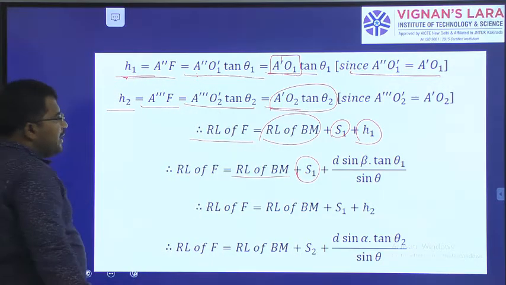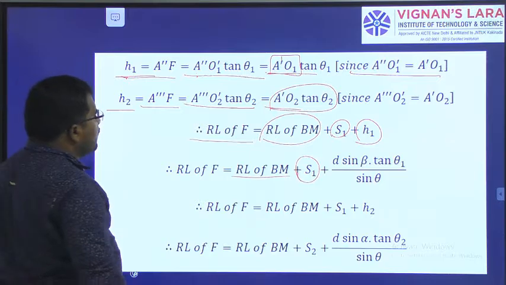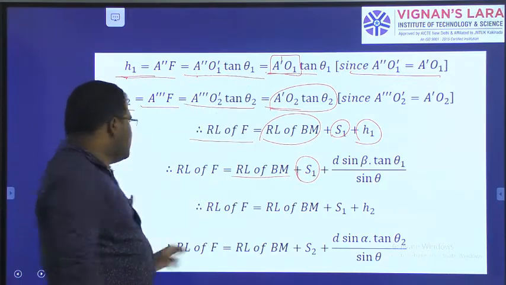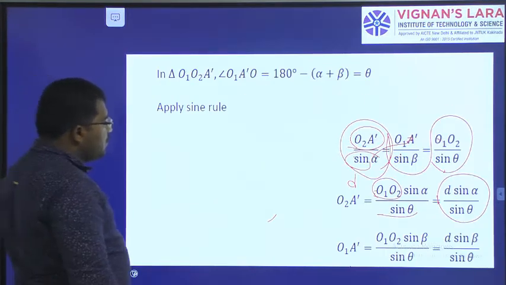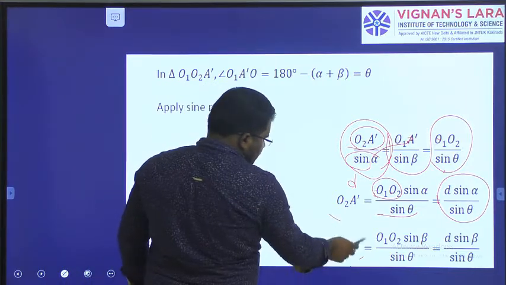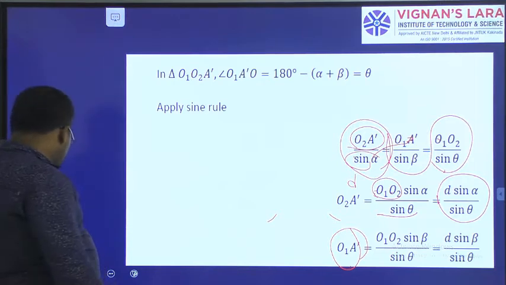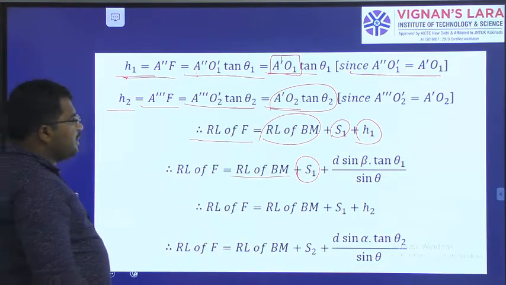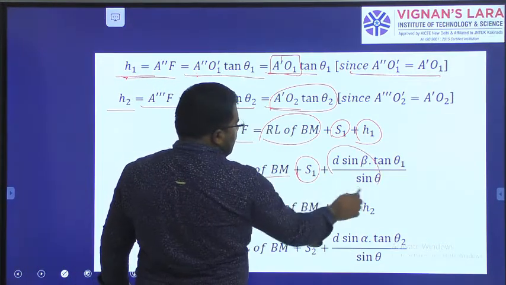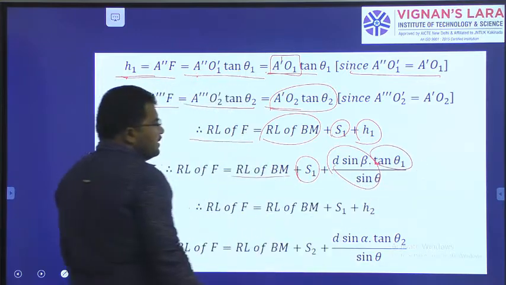Now we need to derive that one. A dash O1 is equal to how much? A dash O1 is equal to this one, D sine beta divided by sine theta, and we will have the tan theta as usual.